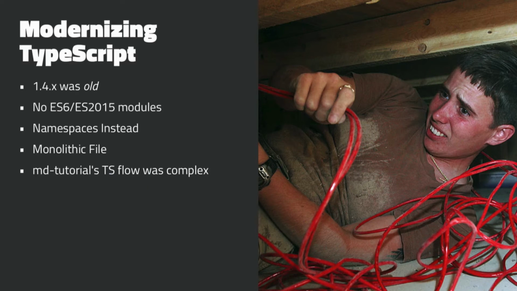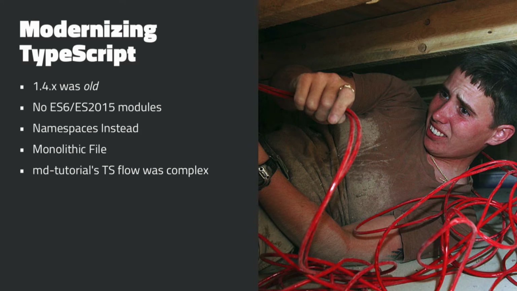So modernizing TypeScript was the first step, and this was harder than I had actually imagined. It should really have been a simple process, you'd think. I didn't really need to change much in the way of code, but where things went sideways for me with upgrading TypeScript was that 1.4 was a pretty old version of TypeScript. There wasn't first-class module support.